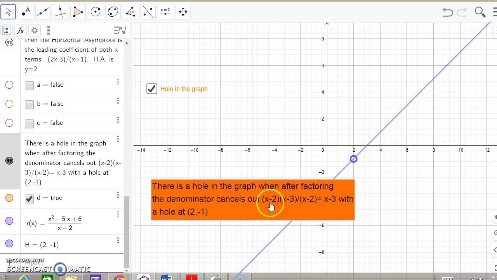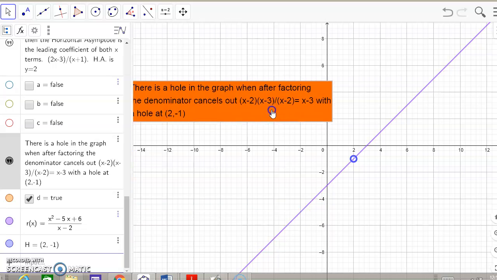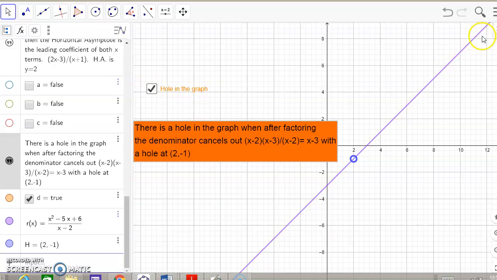So in this situation, we have x minus 2, x minus 3 divided by the quantity of x minus 2. It only leaves the equation x minus 3, which is a linear function with a y-intercept of -3.